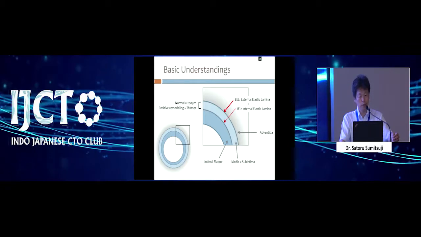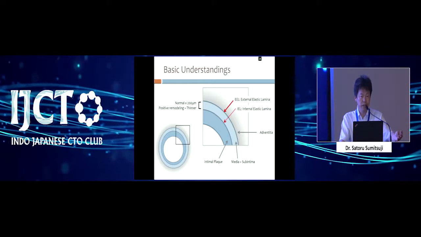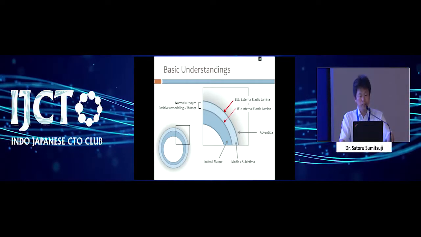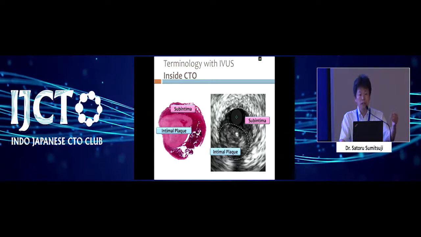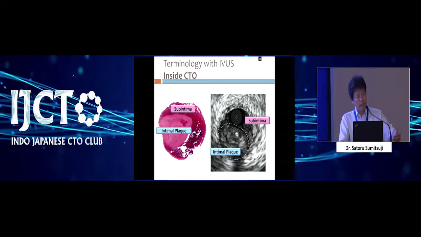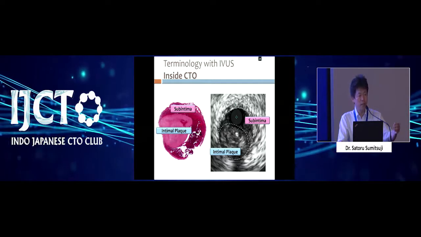That's different from the intimal plaque. Intimal plaque is very heterogeneous: fibrous, calcified, lipid, and so on. So these points make the media and the area around it an easy place for dissection.